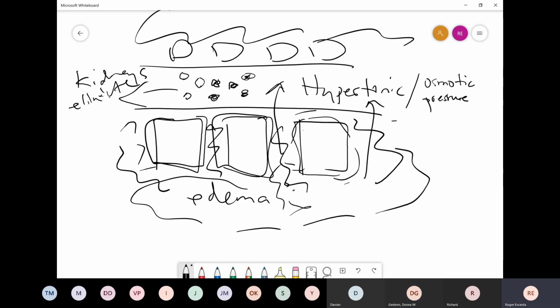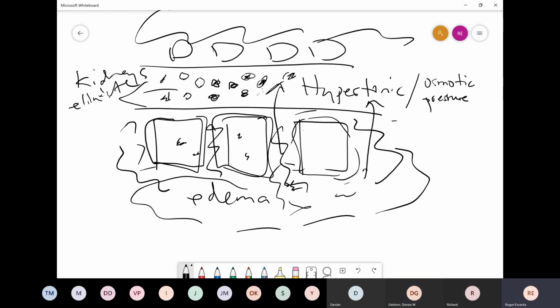I always compare this to a tug of war. Imagine the solutes, the suspended particles in the solution, as people. If you have lesser concentration here, who has more people? There are more people in this compartment because you put a hypertonic solution there.